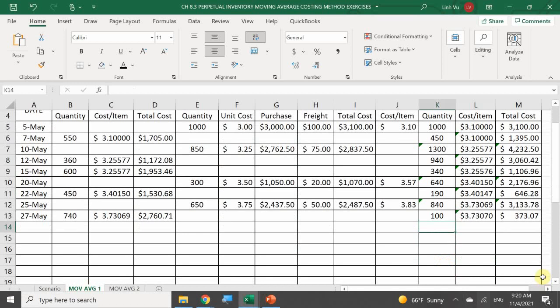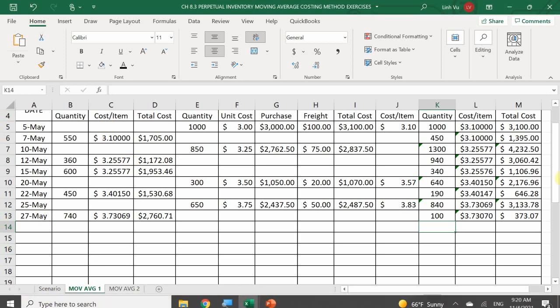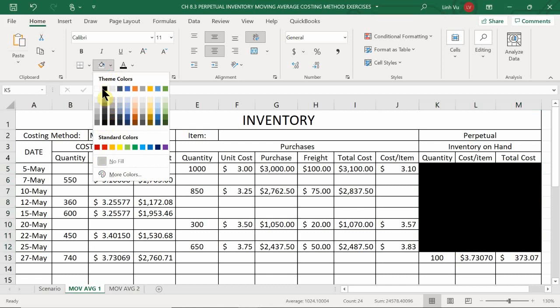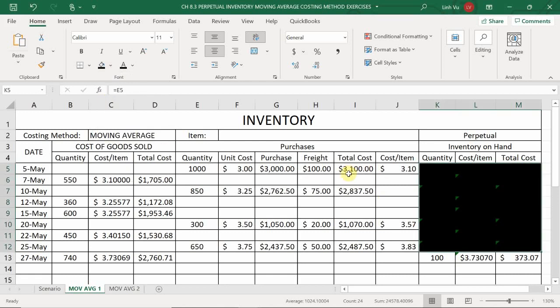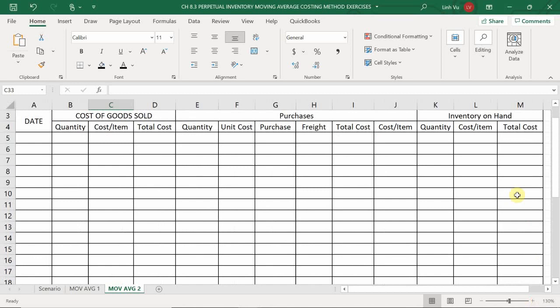All right. So let's jump right into our next problem, where we have beginning inventory. I'm going to go back and block these all off because we don't need any of these numbers. Okay, so there we are, 100 at 3.7307. I'm going to carry those numbers across in my new table.